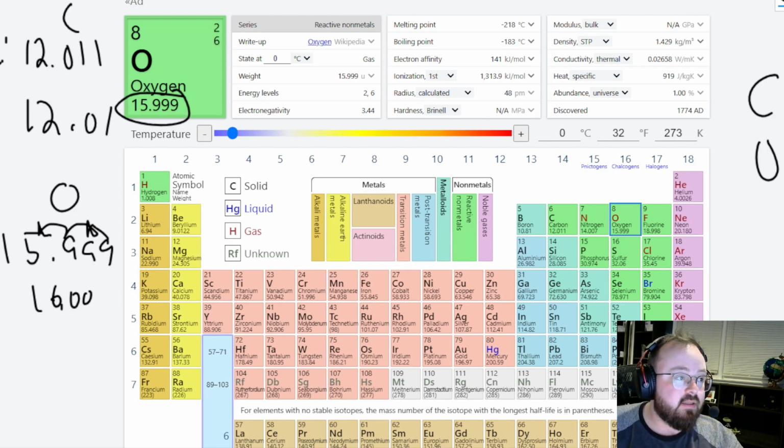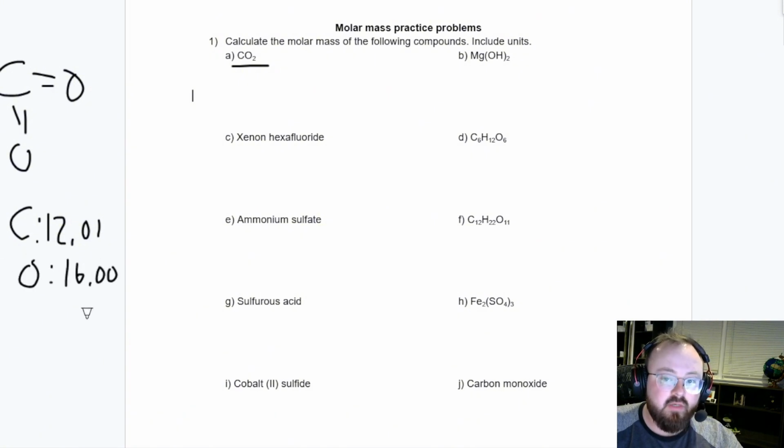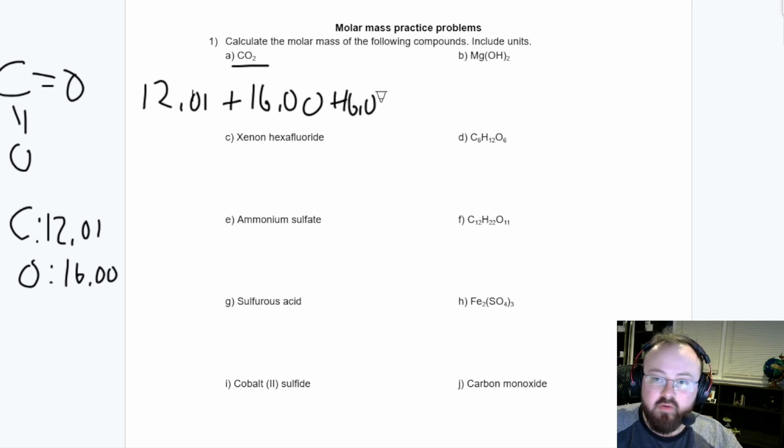So let's get back into this now. Now that we have this information, we said that carbon is going to be 12.01 and oxygen is going to be 16.00. So I have one atom of carbon, which is going to be 12.01, plus 2 atoms of oxygen, 16.00, plus 16.00.